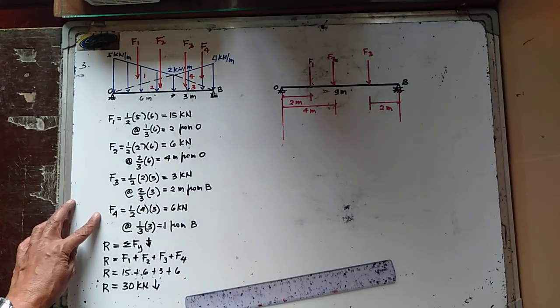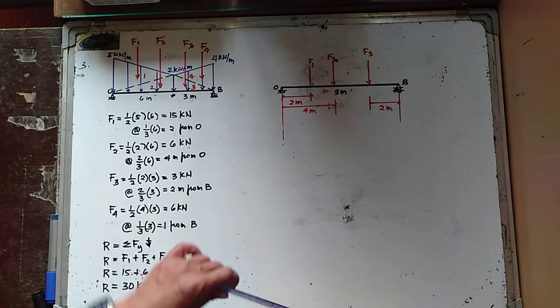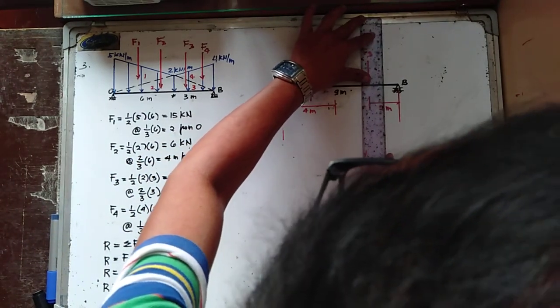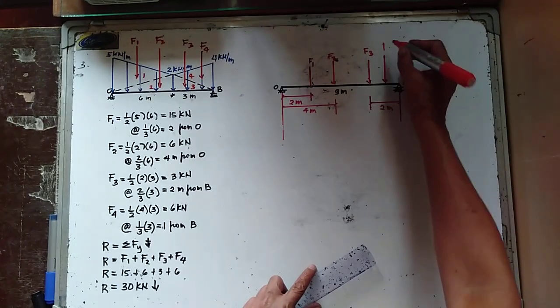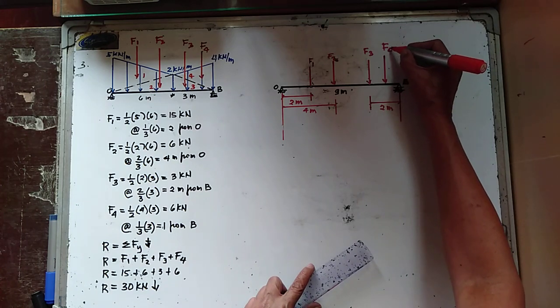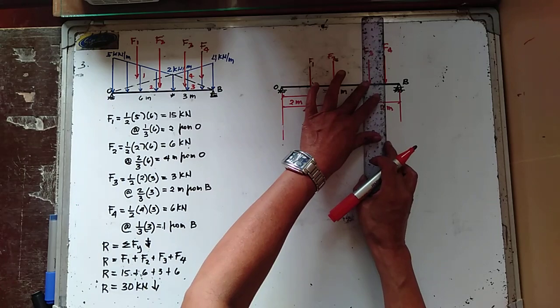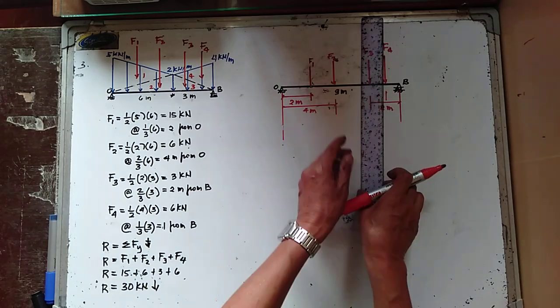And then your F4 is 1 meter from point B. So this is your F4.